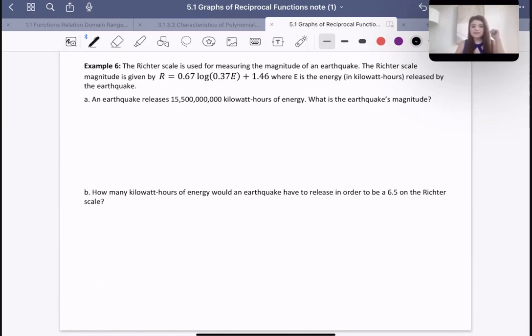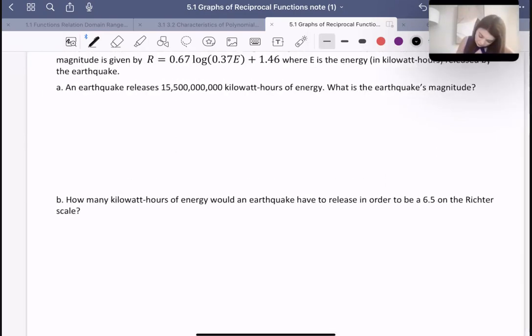Okay, so it already told us that the magnitude is given by R. So if we want to know the earthquake's magnitude, we've just got to plug in. All we need to do here is plug in 15.5 billion for E, because they gave us the energy in kilowatt hours, and they just want R to find out the magnitude on the Richter scale. So let's do that.